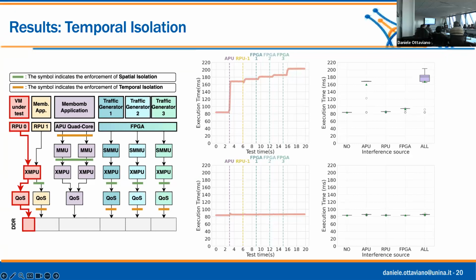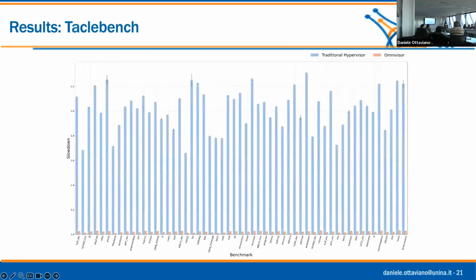And finally, we do the same test on a bunch of benchmarks from the TACLeBench suite that are simply binary search, fast Fourier transform, and other benchmarks of this kind. We can see the blue lines, that is the traditional hypervisor, in the sense that we protect the memory but don't have any kind of bandwidth regulation, while the orange one is the slowdown in case of using the Omnivisor with temporal bandwidth isolation.